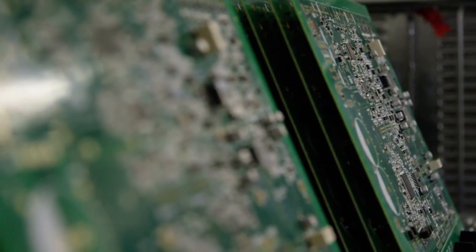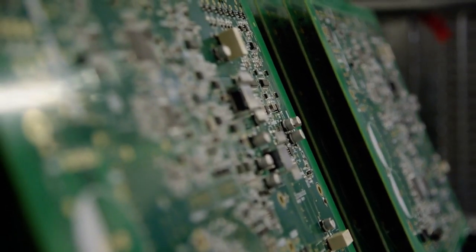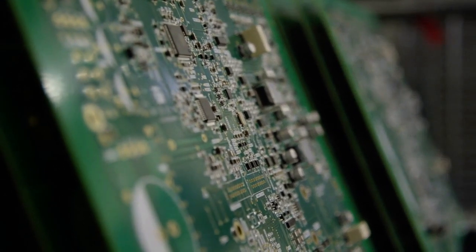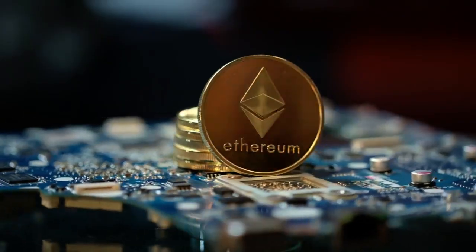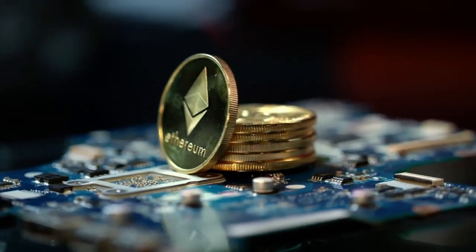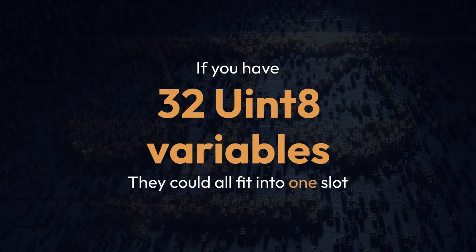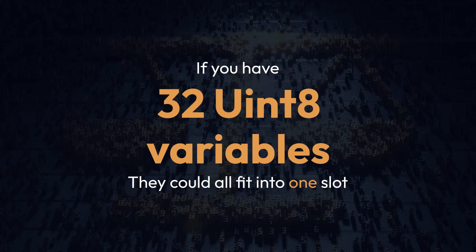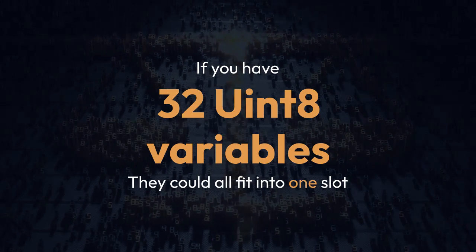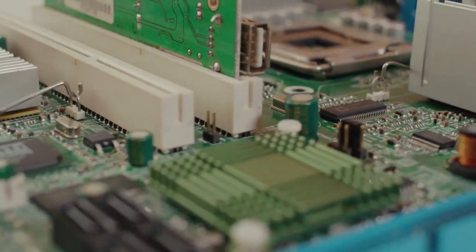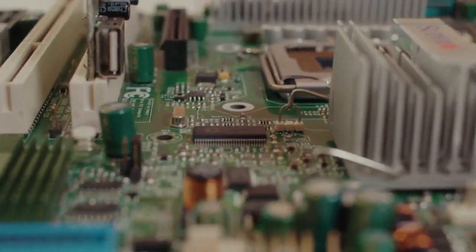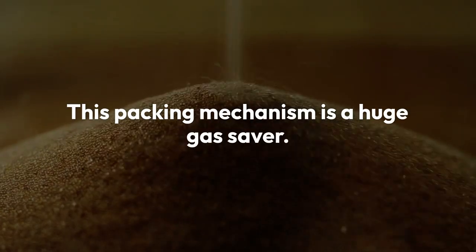When you declare multiple small variables, like uint8, uint16, uint32 consecutively within a struct or as state variables, Solidity tries to pack them together into a single 256-bit storage slot. If you have, say, 32 uint8 variables, they could all fit into one slot, saving you the gas cost of 31 additional storage slots compared to using 32 separate uint256 variables. This packing mechanism is a huge gas saver.